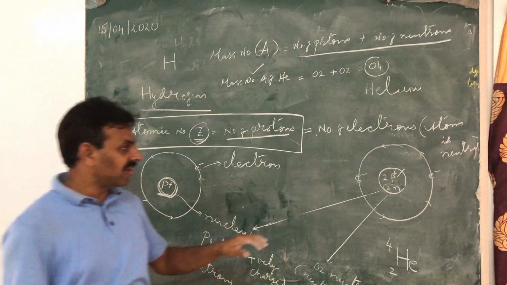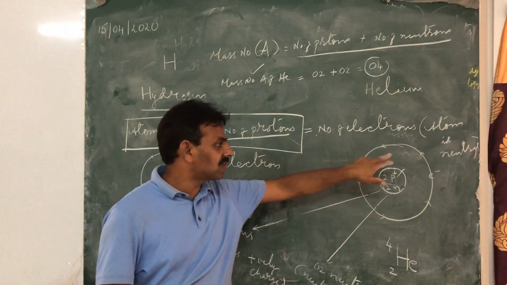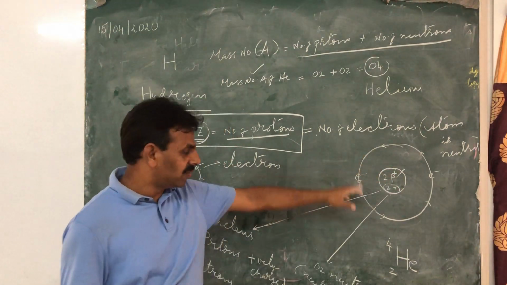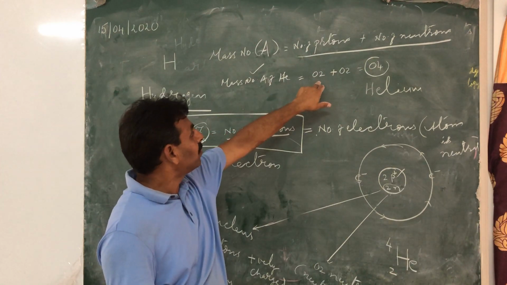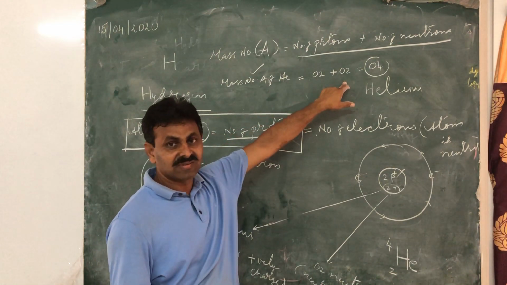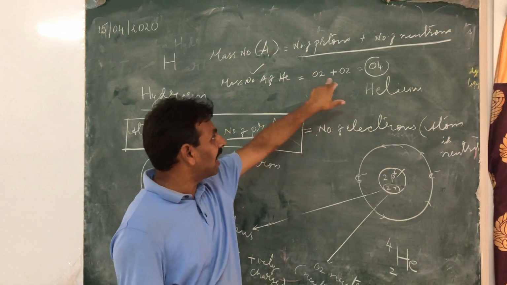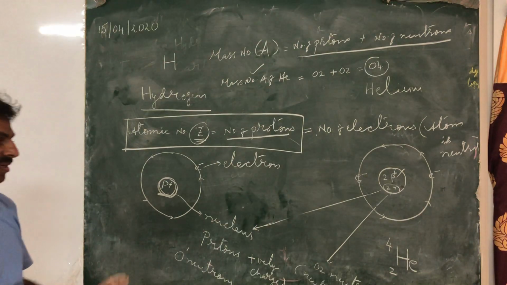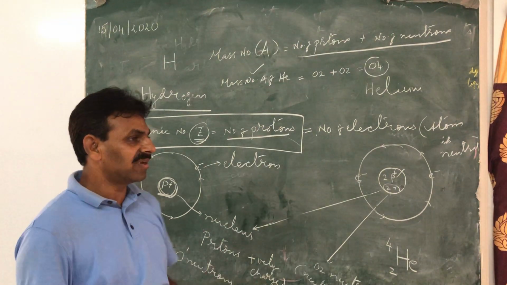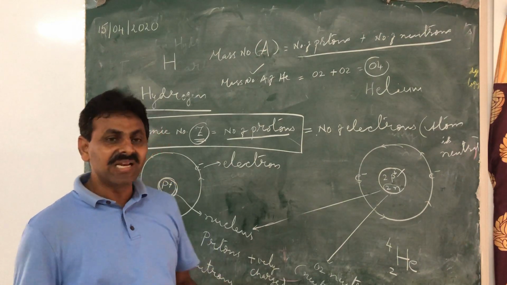So when we are calculating mass number, though there are 2 electrons in the atom of helium, we have not included them. We have included only protons plus neutrons. Electrons are considered to have very little mass, which is negligible.